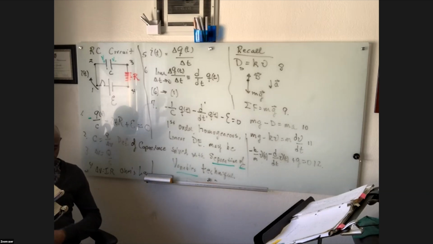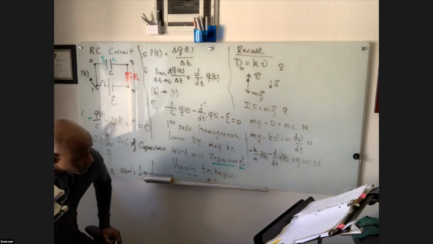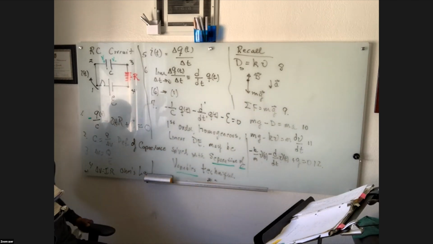All right. Moving forward a bit. I think the first thing we need to do is separate the variables. I'm going to separate them specifically based on a certain convention, anticipating a certain result for the answer.